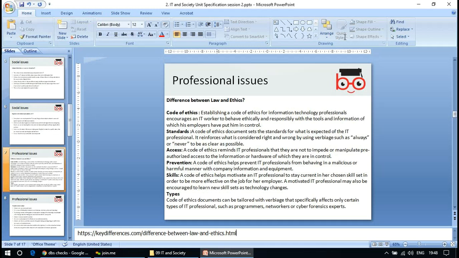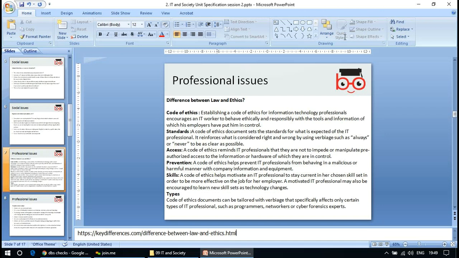Law is mandatory, and ethics is basically voluntary. Most of the time, we do legal things according to the law, and within the organizations, we behave according to ethics.